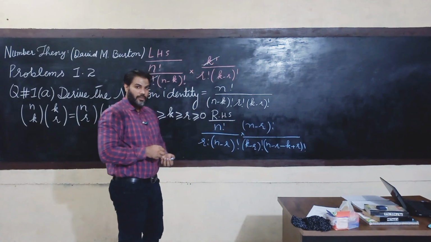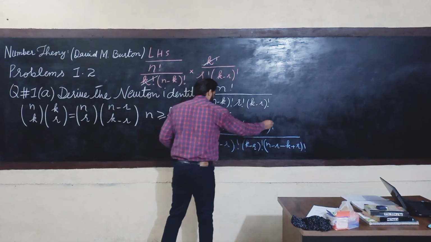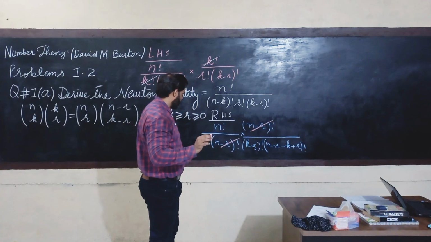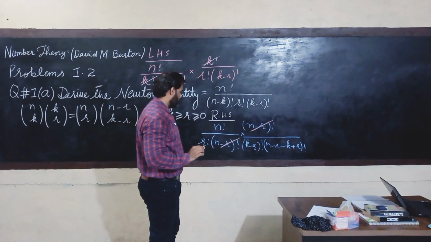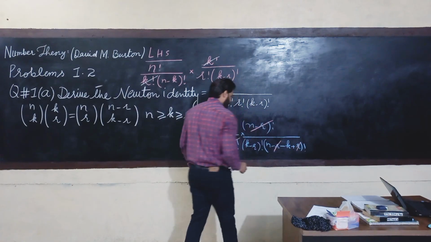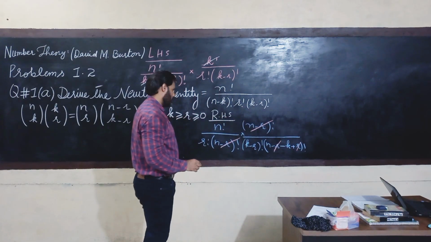Okay, the same term we will cancel here. This is n minus r factorial into n minus r factorial, and the remaining is minus r plus r.